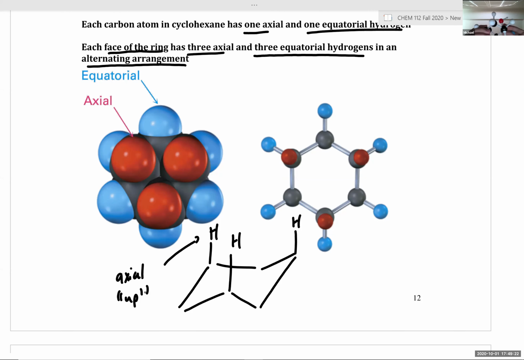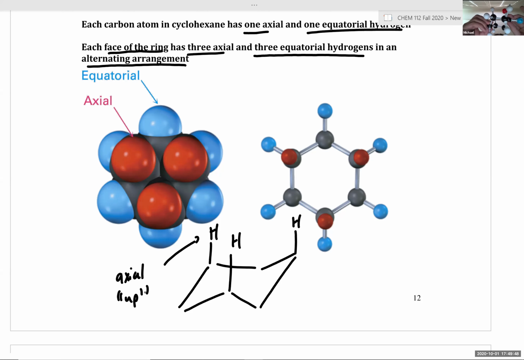You can also look at it from a side-on perspective and see that in this structure, we clearly see that we have 1, 2, 3 hydrogens that are pointing up from the axial perspective.